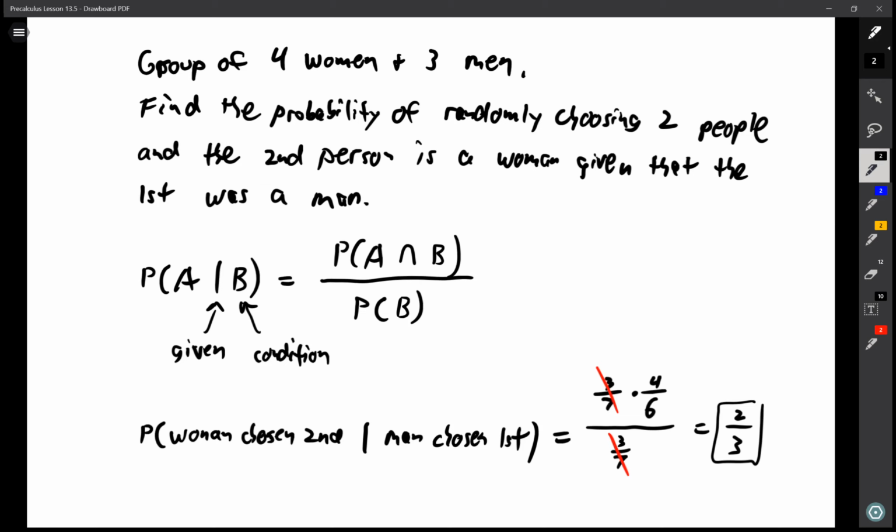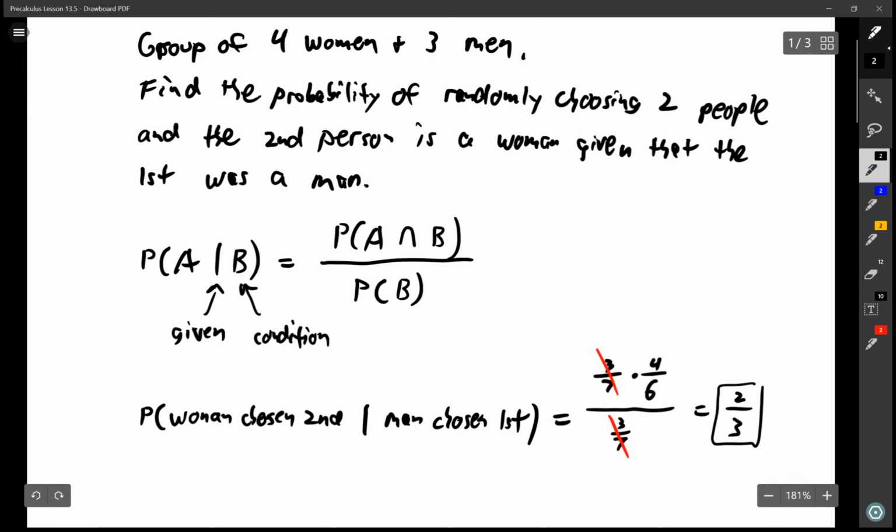So that's just the formula way. What happens by dividing by the conditional is that you're left with just the probability that A happens after B has already been assumed to have happened.